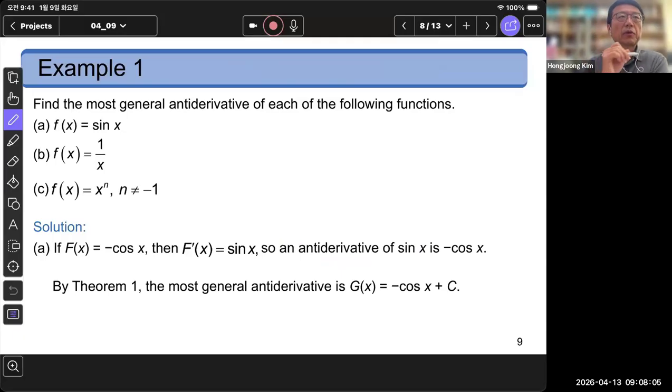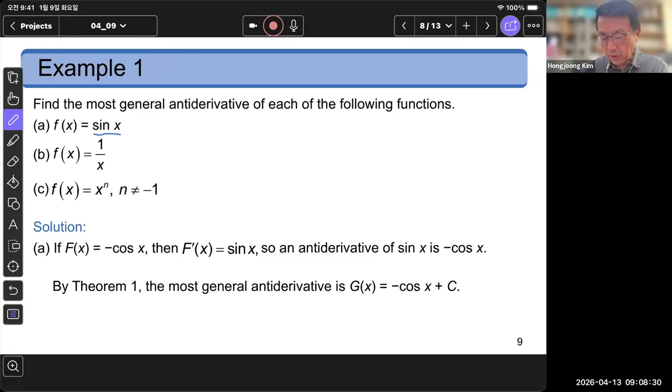So let us consider the following example. Find the most general antiderivative of each of the following functions. So as I said, in case of sine x, if you differentiate cosine x, at this point, some people make a mistake. If I differentiate cosine x, you get negative sine. So to get the sine x, I need to differentiate negative cosine.